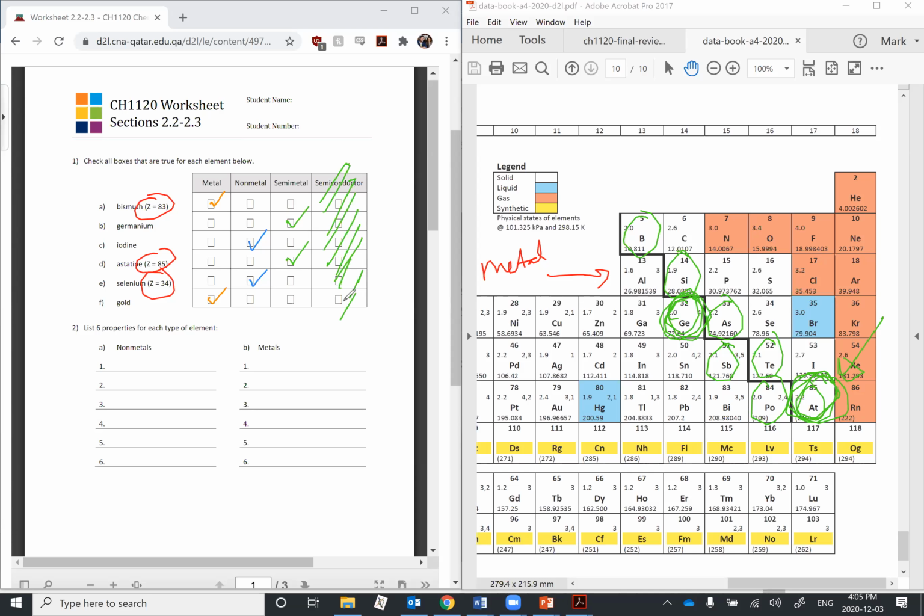I didn't make all of these worksheets. Some of them I made, some of them I didn't, but don't worry about semiconductors. The only semiconductor I can truly think of is silicon. And that's why it's called Silicon Valley. This is definitely a semiconductor. My pen is going a bit weird there, but anyways, there you go.